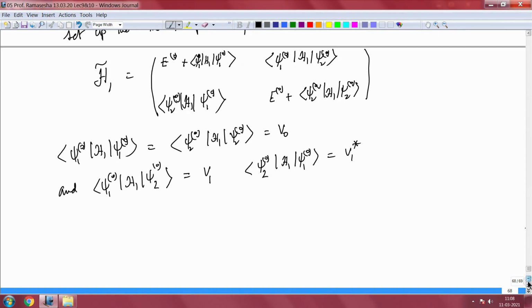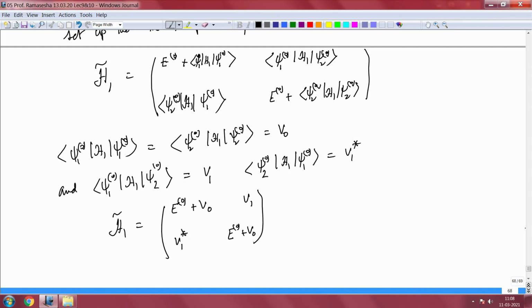So the matrix that we will get is the following: H1 is equal to E0 plus V0, V1, V1 star, E0 plus V0.